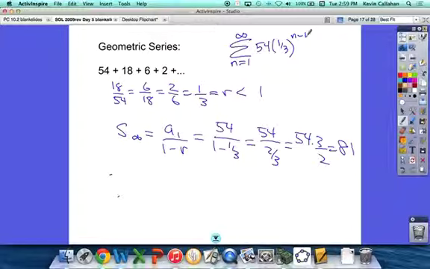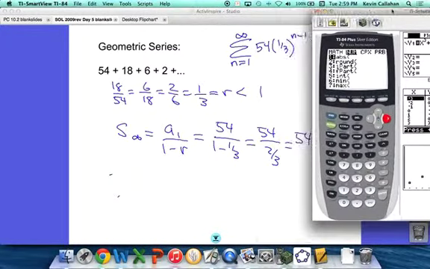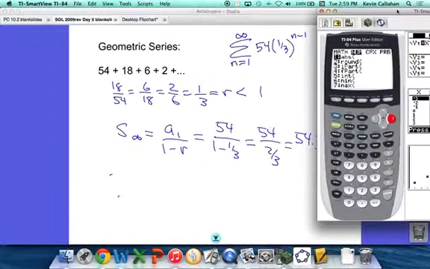How would we enter an infinite sum in the calculator? I'm going to go to my summation, math 0, and put x equals 1 on the bottom. There is no infinity symbol. So what are you going to put on the top?